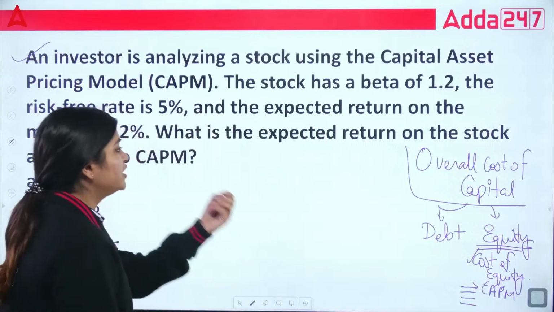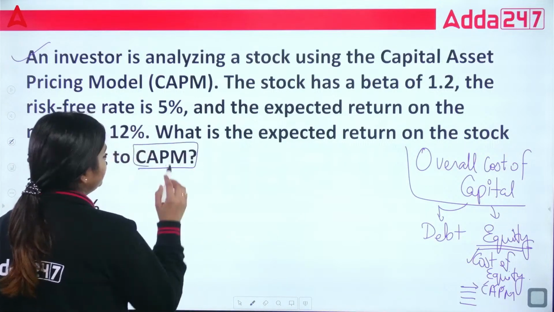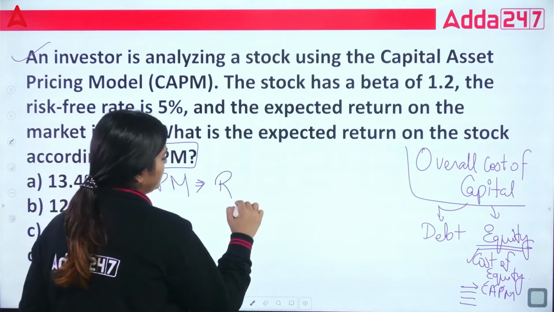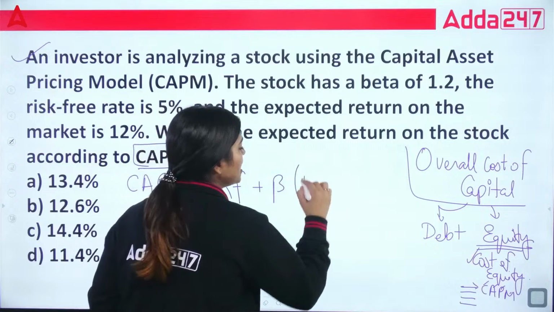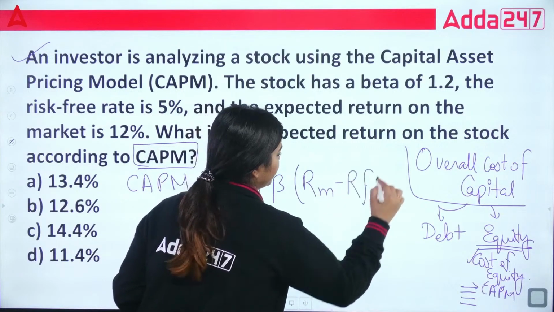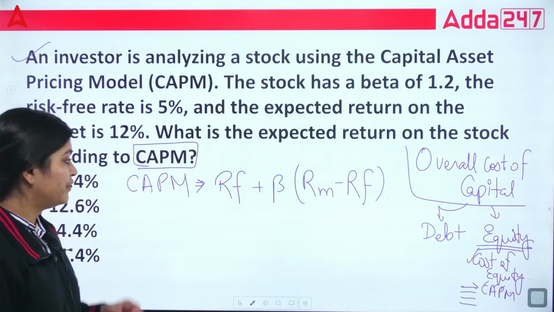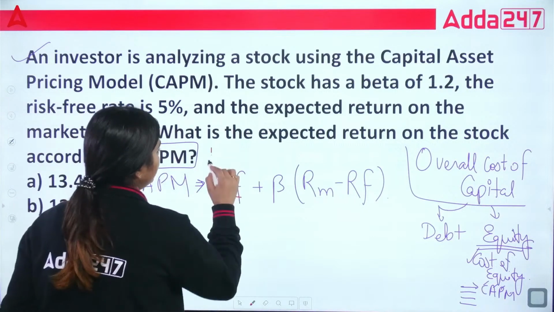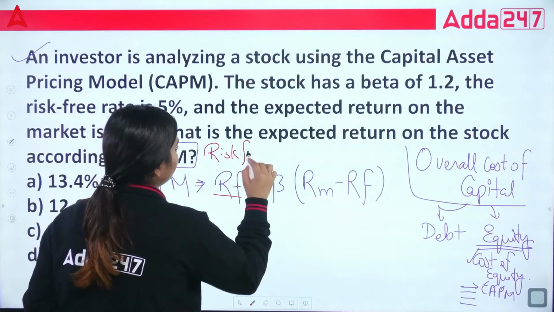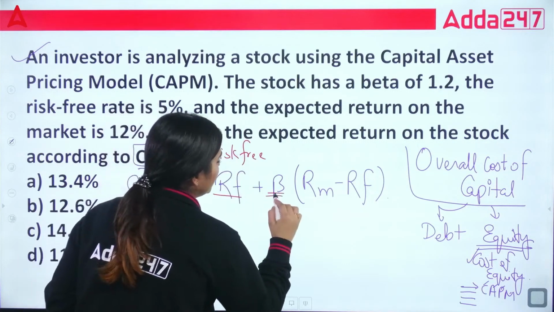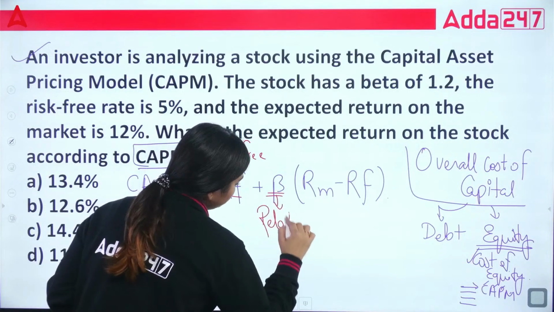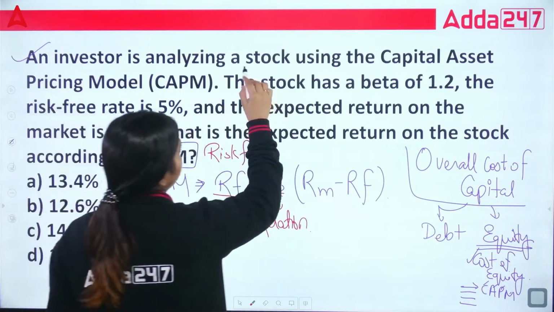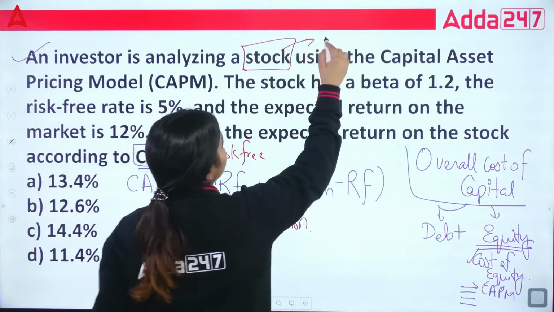So for solving any CAPM question, we require one formula, which is RF plus beta (RM minus RF). We require three inputs. One is your RF, this is your risk-free rate. Beta shows the relation with the market, how this particular company's stock will be related with the market.